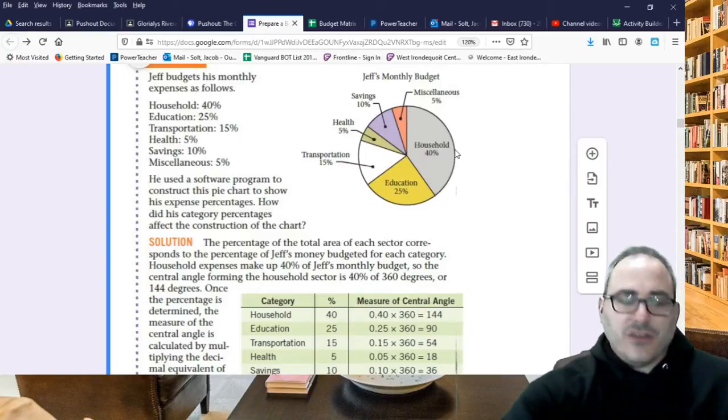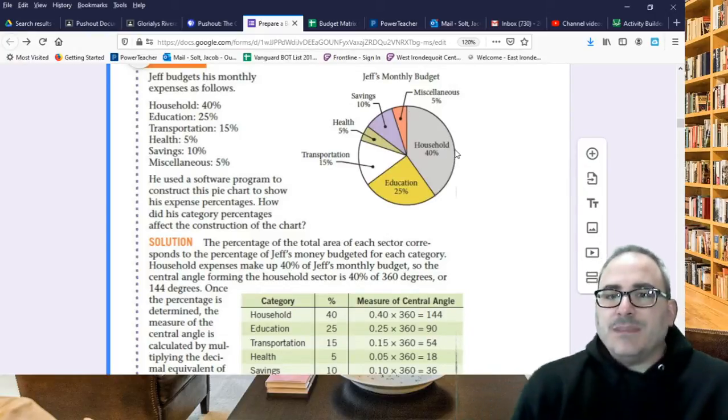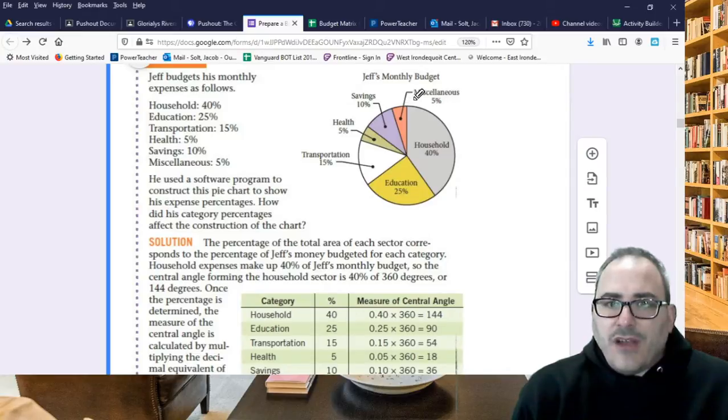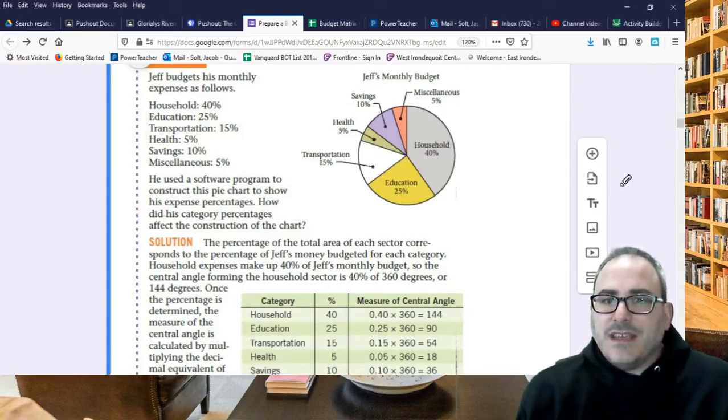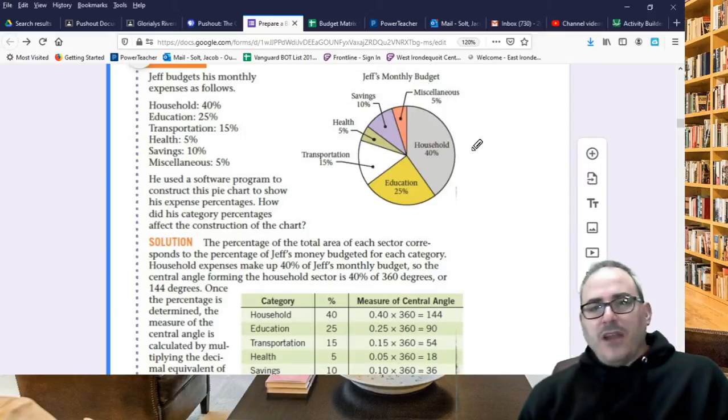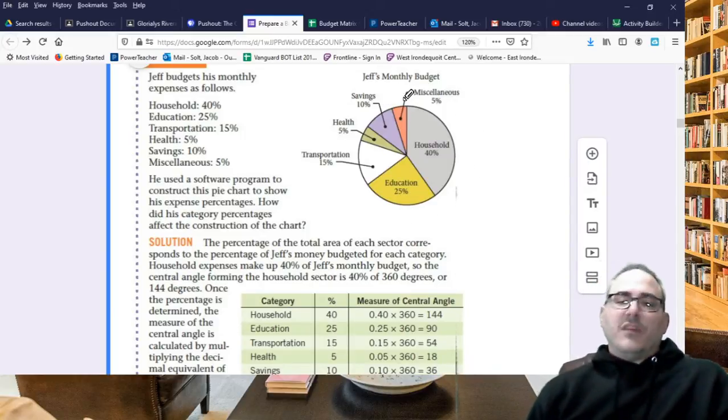Well, we measure circles oftentimes in degrees. Ever heard of someone doing a 360? Well, 360 means they do a complete turnaround, right? For someone to completely turn around, to spin around 360, is to do a complete revolution.